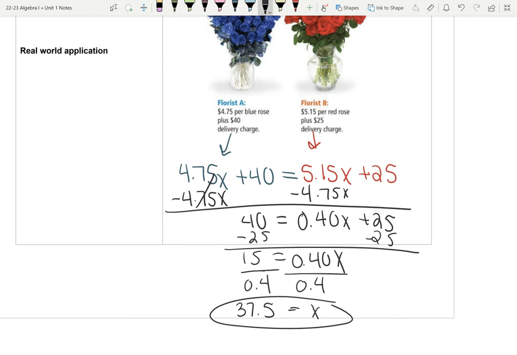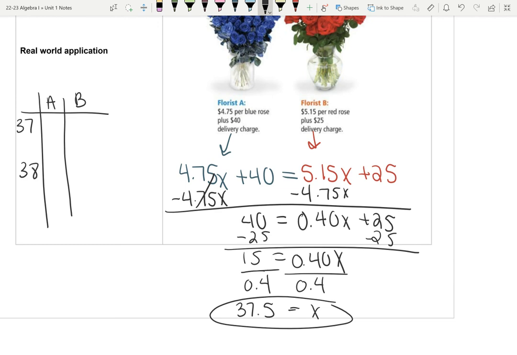So I want to figure out which one I should go with. So I'm going to make myself a little chart over here, and I'm going to have florist A and florist B. And I want to know what their cost is just above and below that so I know what I should go with. So I'm going to do, say, 37 roses, and then I'm going to do 38 roses.